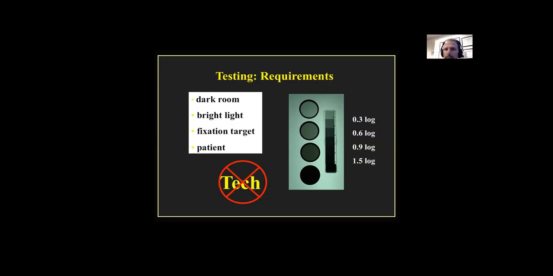So I mention it mostly not because I advocate using them routinely, but you might read articles in journals where they talk about log unit relative afferent pupillary defects. That's simply a way to measure them. The smaller the log unit, 0.3 would be a very mild APD. A 1.5 log unit relative afferent pupillary defect would be at least moderate.